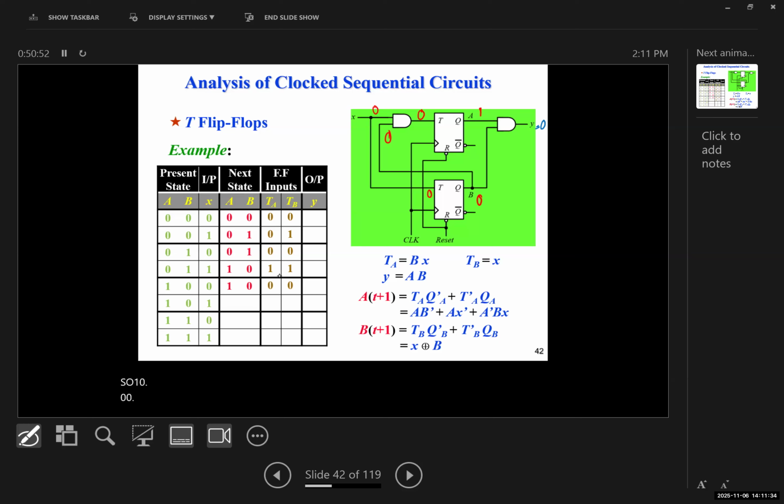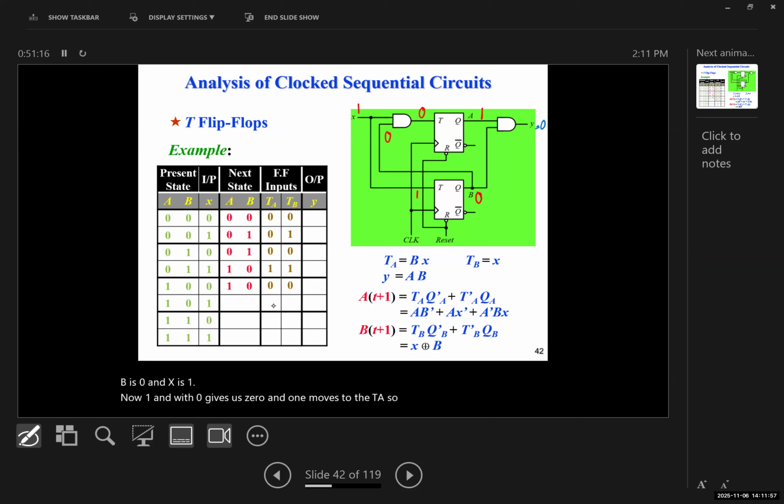And the next stage, we have a next row, we have A is 1, B is 0, and X is 1. So A is 1, B is 0, and X is 1. Now 1 and with 0 gives us 0, and 1 moves to the TA. So TB.